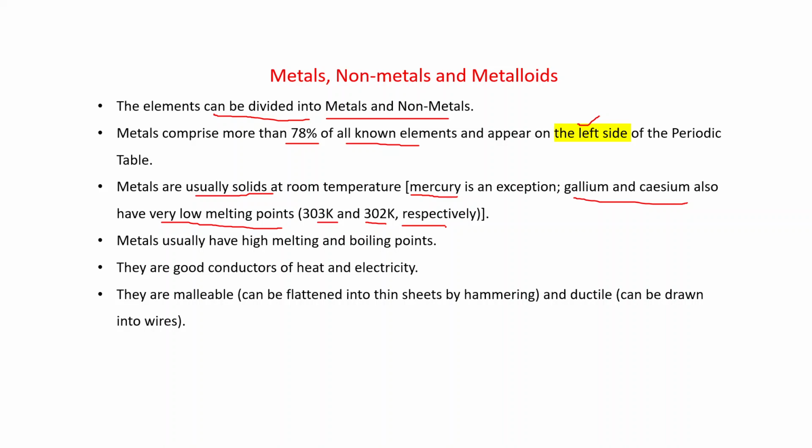That's why gallium and cesium melt when kept on our palm, because our body temperature is greater than these temperatures. Metals usually have high melting and boiling points. They are good conductors of heat and electricity. They are malleable. Malleable means can be flattened or beaten into thin sheets by hammering. And ductile. Ductile means can be drawn into wires.